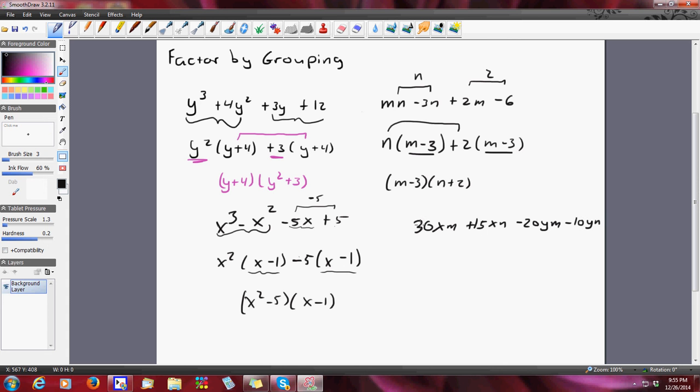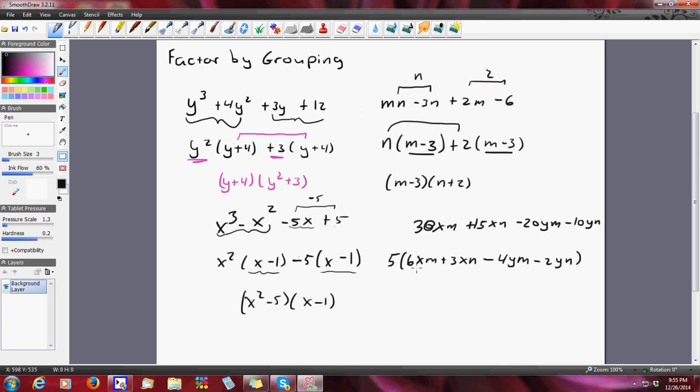And the very first thing I want you to notice is this. This is 30, 15, 20, and 10. I can actually factor out a 5. And when I do that, I get this: 6xm plus 3xn minus 4ym minus 2yn.